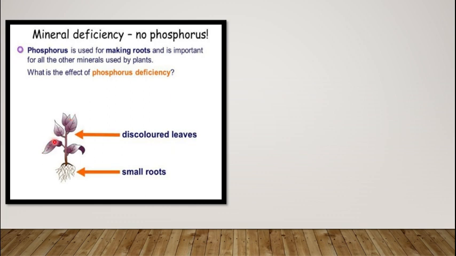Observe this picture very carefully. What are the observations? First observation is that due to the deficiency of phosphorus, the roots are not growing properly, so small roots are shown here. And secondly, what is the color of the leaves here? Due to the deficiency of phosphorus, the leaves become purple or discolored leaves are shown here.